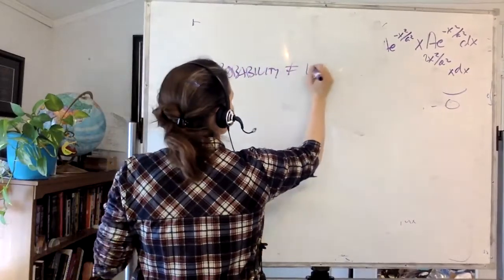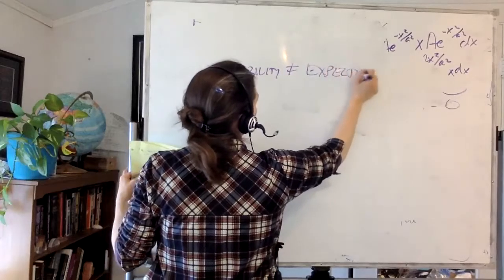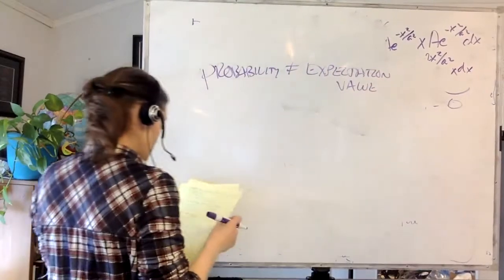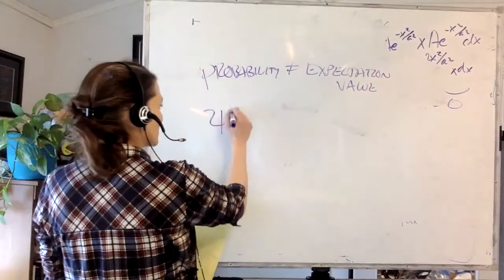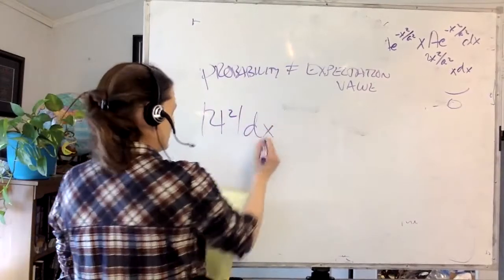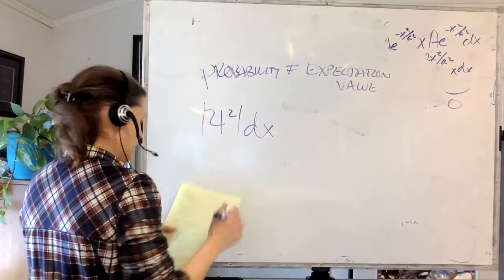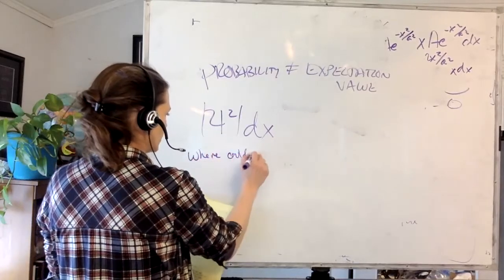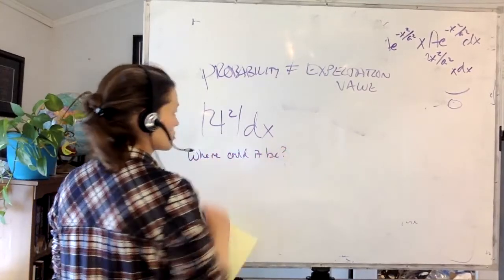Probability does not equal expectation value. Probability is psi squared dx. This is looking at where it could be.